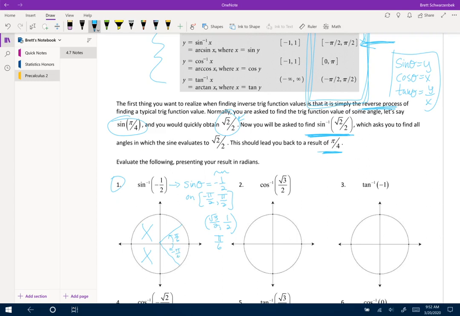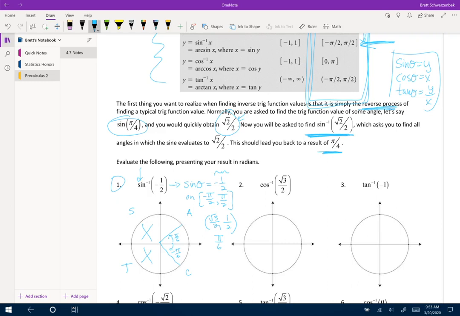Okay, so the question is which one of these is going to create a negative answer? Well, this should be fairly straightforward if we do all students take calculus. Sine is positive in quadrant 1, it creates a positive result, and it is negative in quadrant 4, where the C is.